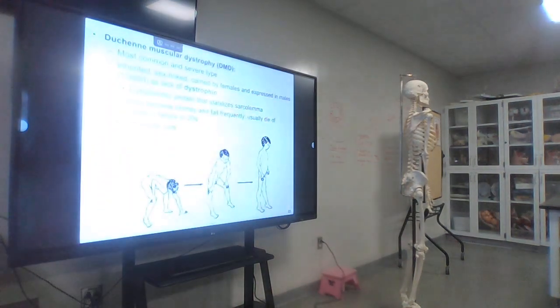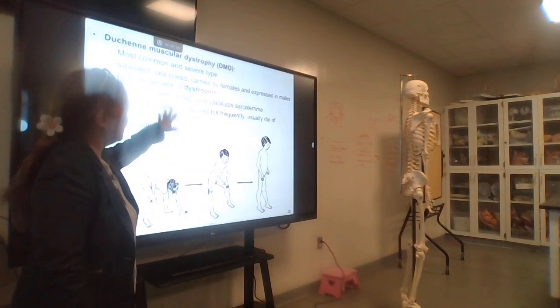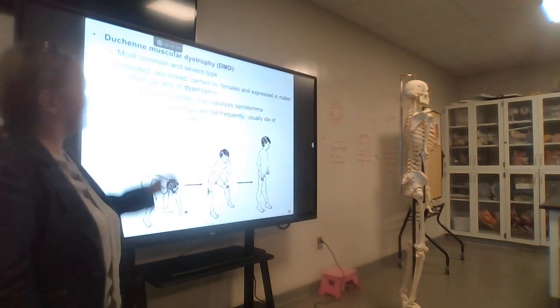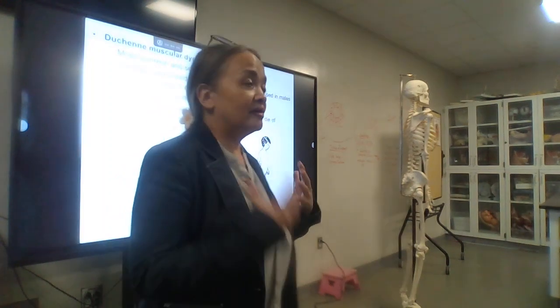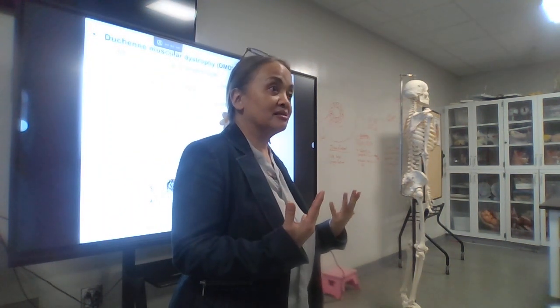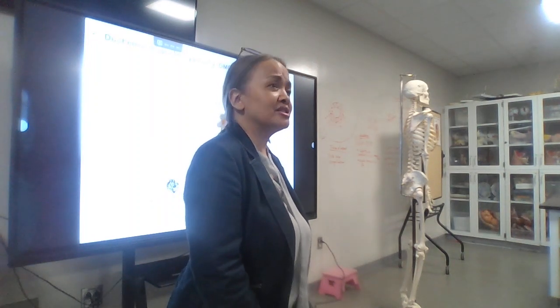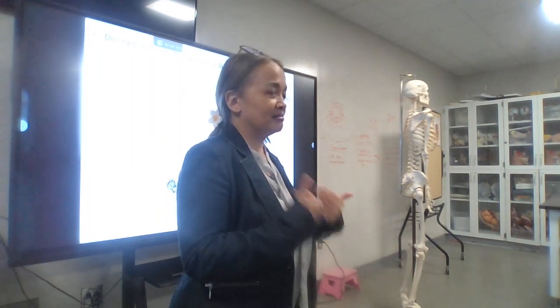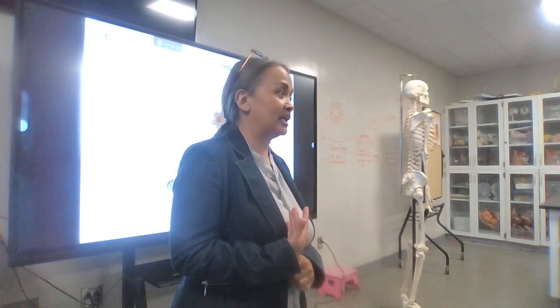That's Duchenne's. Victims become clumsy, and they usually die of respiratory failure in their 20s. That's because the respiratory muscles will eventually be affected by the weakness. Initially, it will be weakness of the muscles in your extremities, but it will also lead to weakness of your respiratory muscles later on.